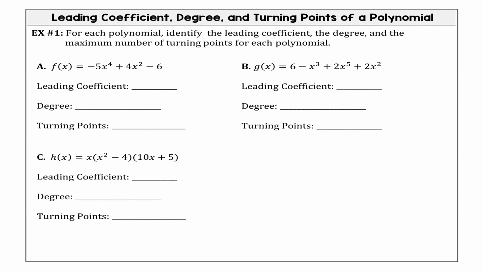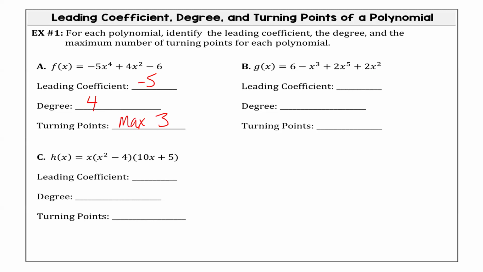So number one, my leading coefficient is -5. Agree? My number of turning points, what is it? It's going to be your degree minus 1. And so my max turning points is 3. Yes?